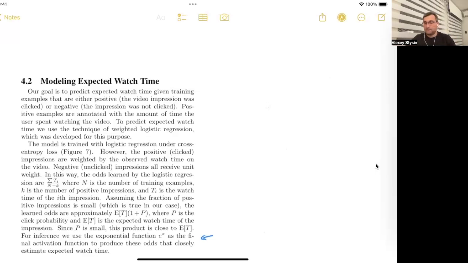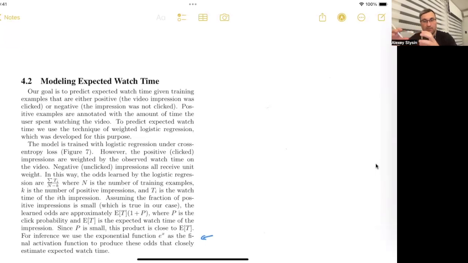So let's actually read what they have to say in this paragraph. This paragraph is pretty short. So our goal is to predict expected watch time given training examples that are either positive, the video impression was clicked, or negative, the impression was not clicked.